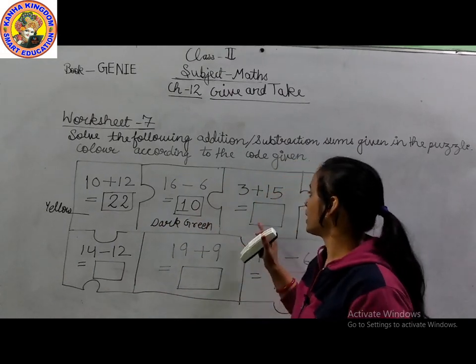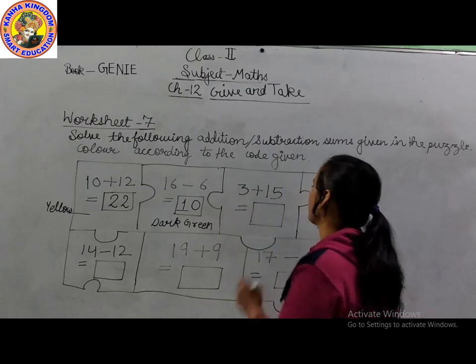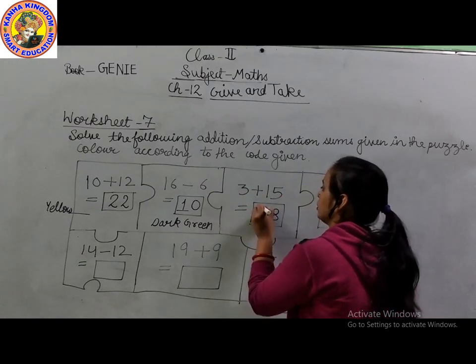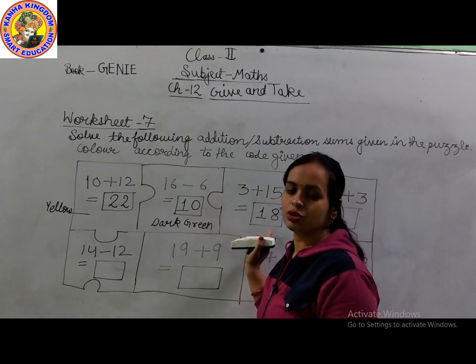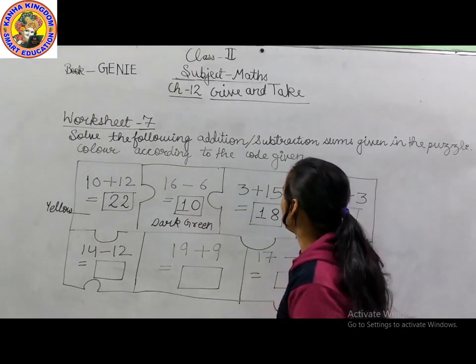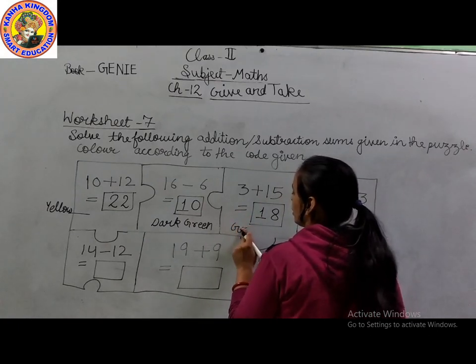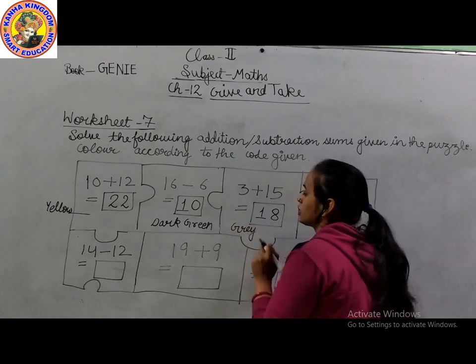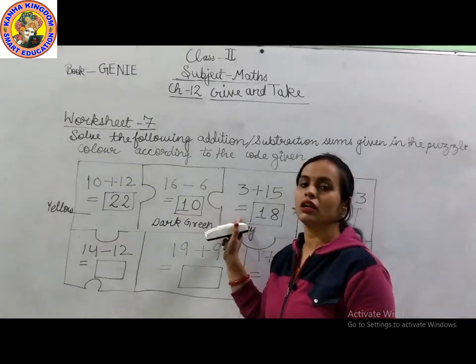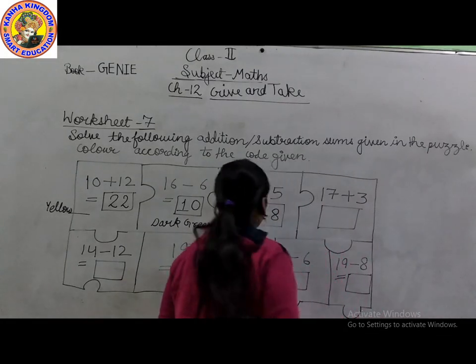Okay. Now next is 3 plus 15. So 5 plus 3, 8. So 15 plus 3 equals 18. In 18, you have to fill gray color. The color code of 18 is gray. So fill gray color in this block.